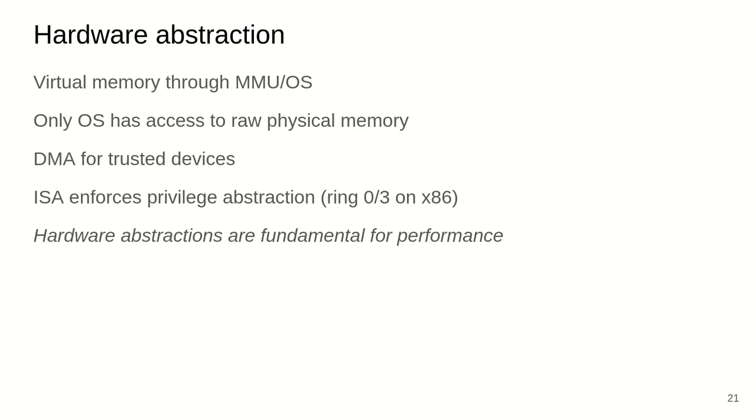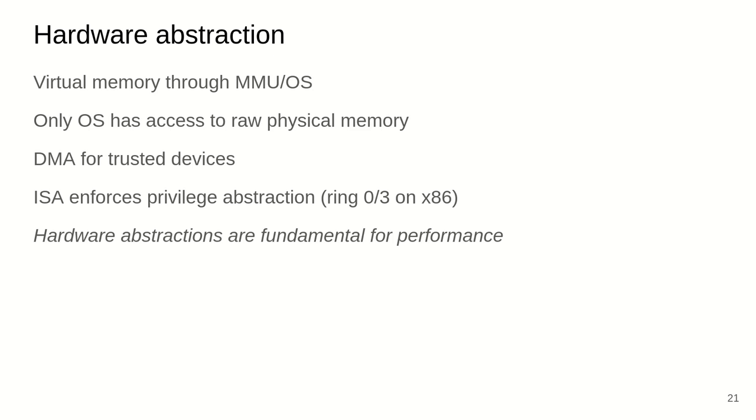We use the instruction set architecture to enforce privilege abstraction, right? So the different privilege levels that allow us to distinguish between the operating system and user space application, and to switch between user space and operating system are special instructions on top of the hardware.